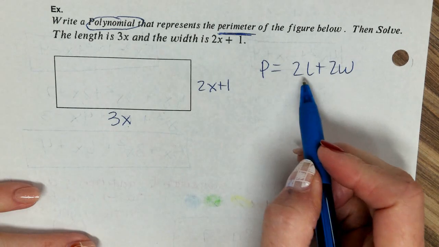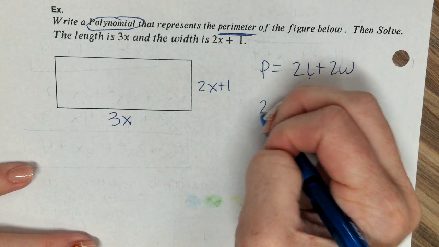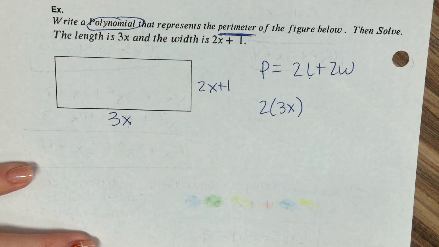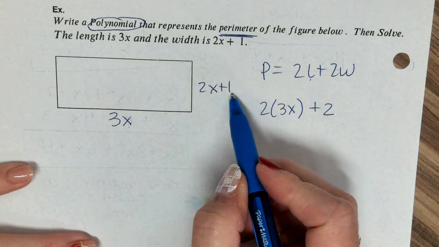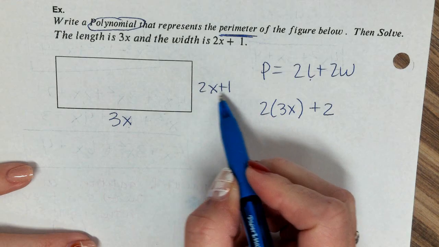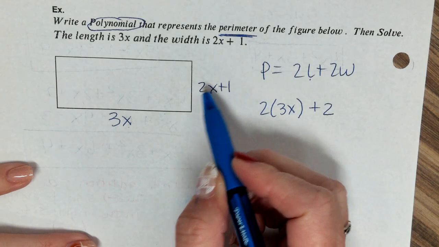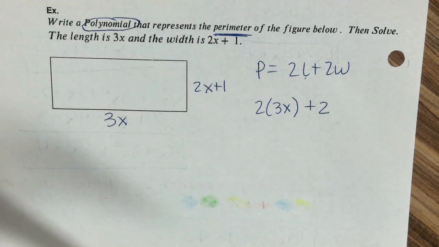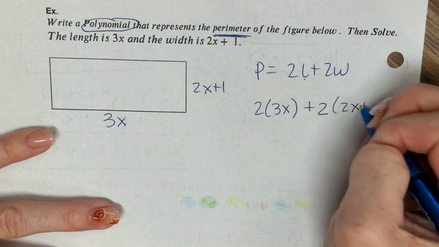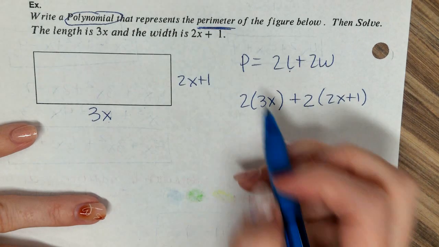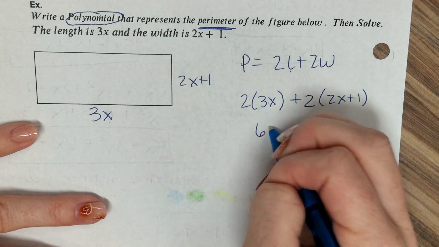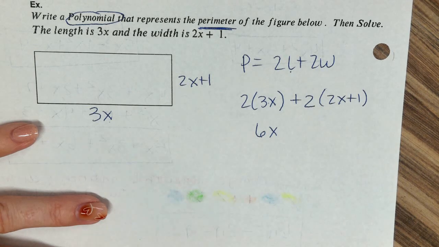Okay? All right. 2 times length, so 2 times 3x, plus 2 times the width. Do I need to put this in parentheses if I'm multiplying it by 2? Yes, because I'm multiplying the whole thing by 2. So 2x plus 1. So what is 2 times 3x? 6x. How am I going to distribute this to?